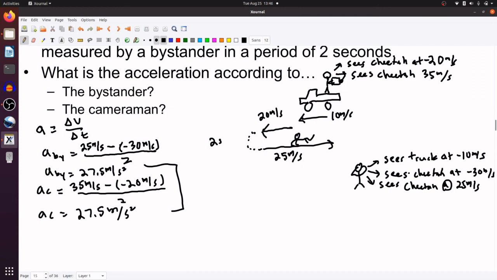Whether you're in a truck, whether you're a bystander, whether you're a deer running by at 10 meters a second, whether you're in a bus walking backwards that's traveling forwards, it doesn't matter. The point is, everybody sees the same acceleration, but we all see different velocities, which is kind of hard to accept because it's kind of hard to see acceleration, but the math holds, and more importantly, the physics holds. So no matter what you do, every person sees the same acceleration, but they're definitely going to see different velocities depending on their reference frames.